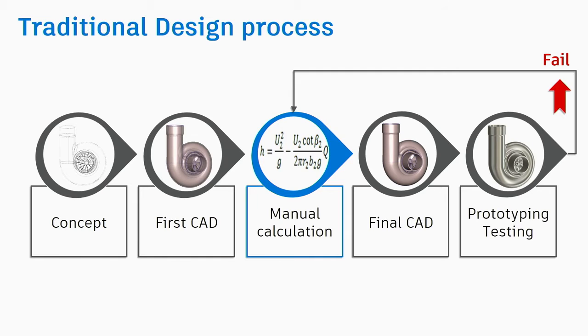The problem is during this process, design failures may happen. This is a big problem because you will need further efforts of rework and fix. So you need to loop again to the manual calculation and create the prototype and prepare the test bench again. So you will need months or sometimes years to be able to get the final prototype.